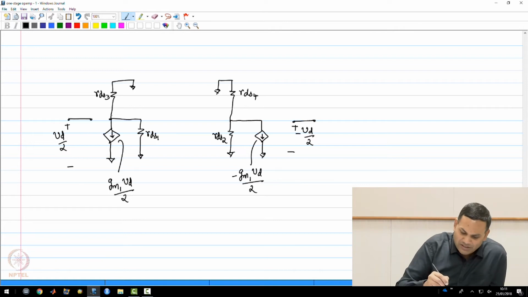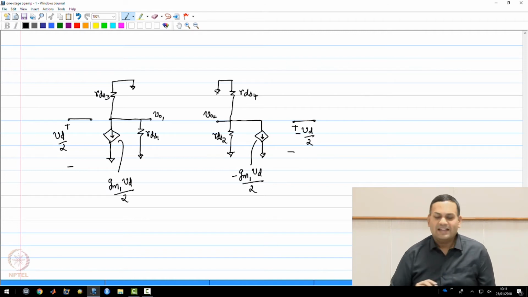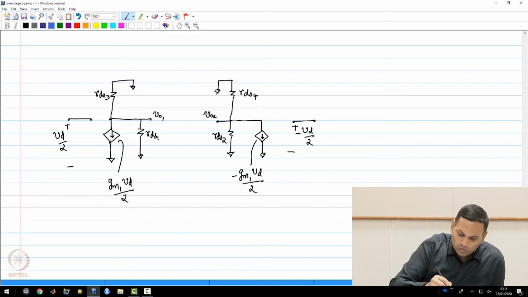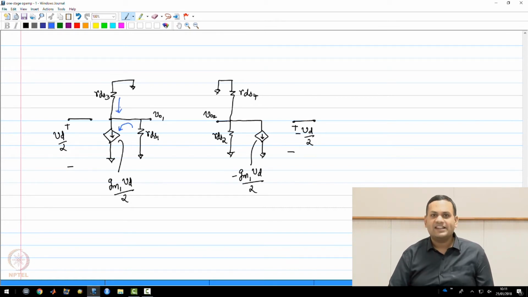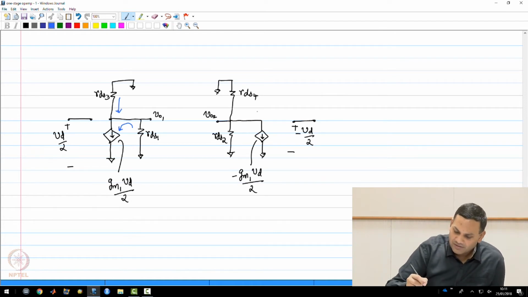Now this gives us a better picture of what is happening. So this is VO1 and this is VO2. As you can see, the signal current gm1 Vd by 2 and gm2 Vd by 2 actually flow through a combination of rds1 and rds3 on the left hand side, and of course I can now change the direction to give a better idea.